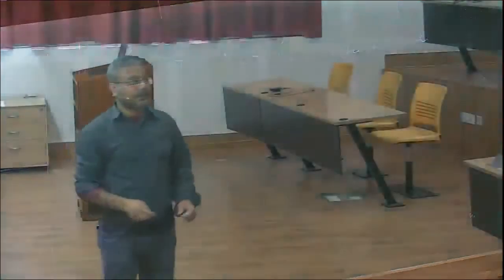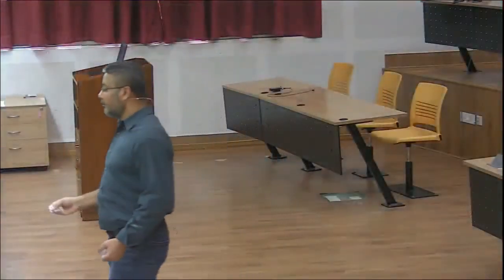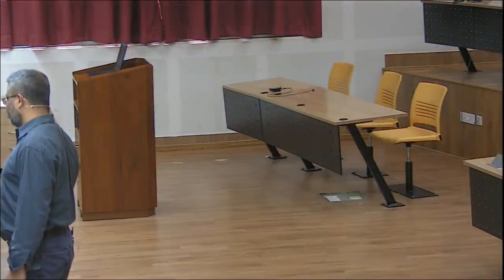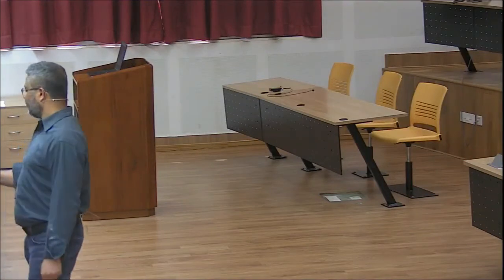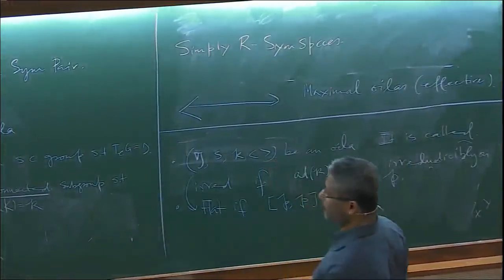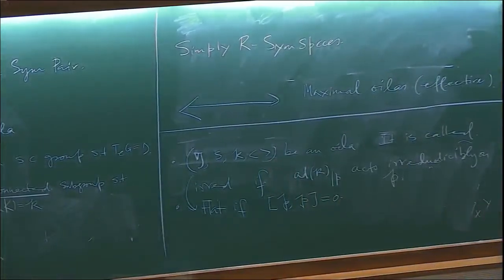An OILA is said to be a Euclidean OILA or flat OILA. This is called flat if [P, P] is 0. Okay? And if it is flat, then the corresponding Riemannian symmetric space is flat.